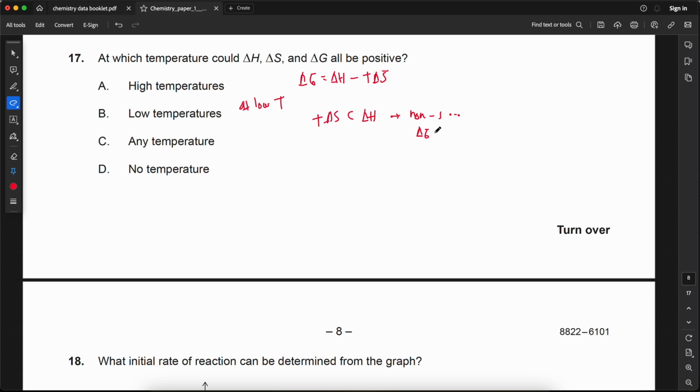Therefore, delta G will be positive. If both delta H and delta S are positive at high temperature, T delta S is bigger than delta H. Therefore, delta G will be negative and spontaneous. So the answer is low temperature.